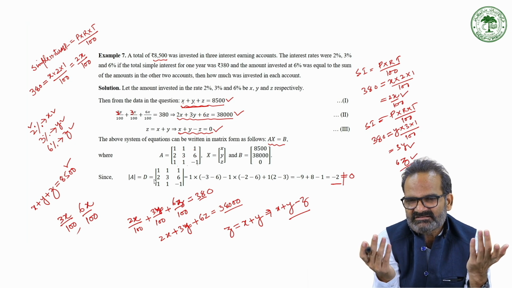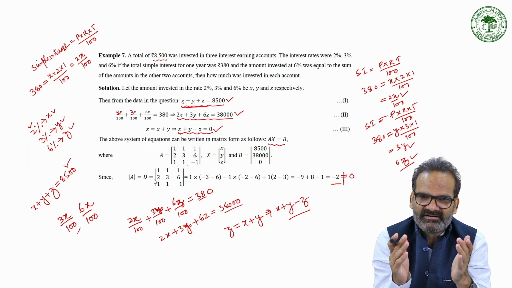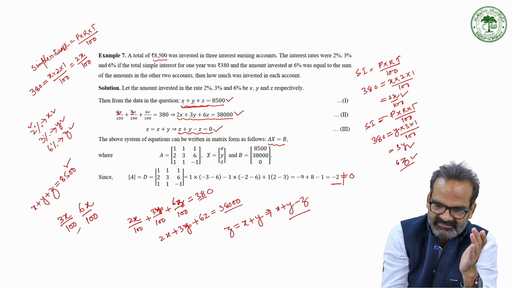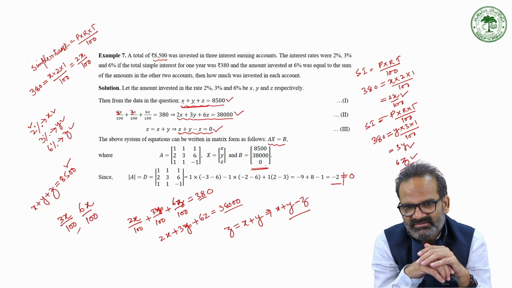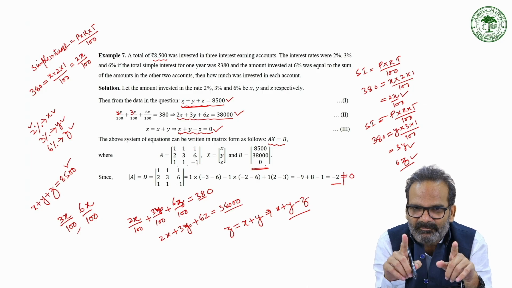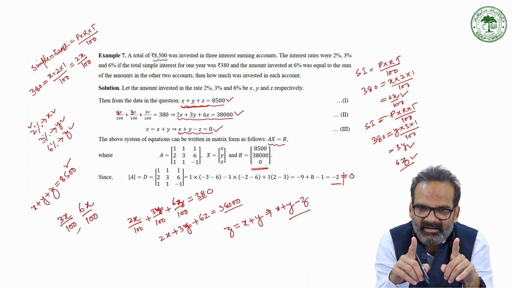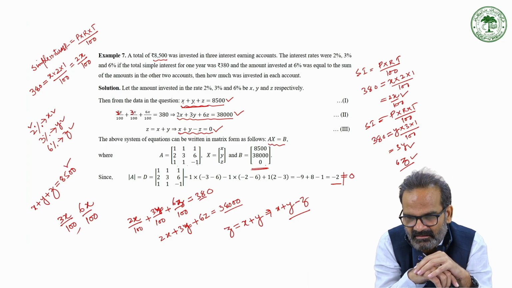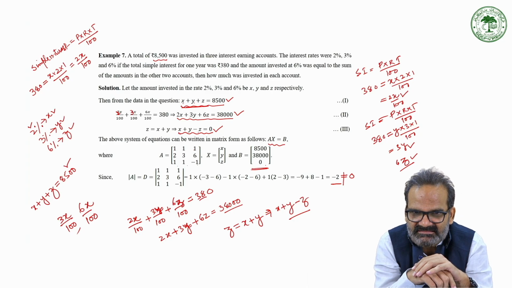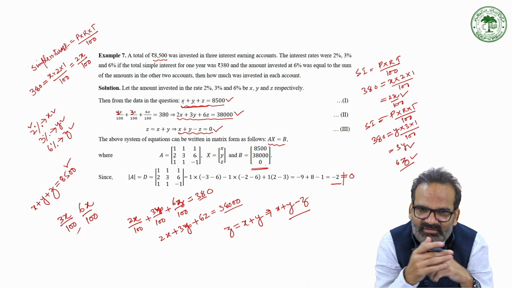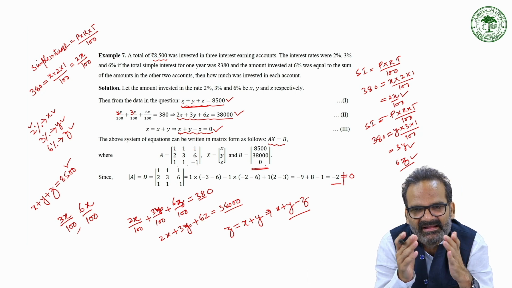And let me explain once more. Dx is simply written by replacing the first column of the determinant D by the matrix B, that is 8500, 38000 and 0. To find dy, replace the second column of the determinant D by the matrix B. And to find dz, replace the third column of the determinant D by the matrix B. So using this approach, we can determine dx, dy and dz.